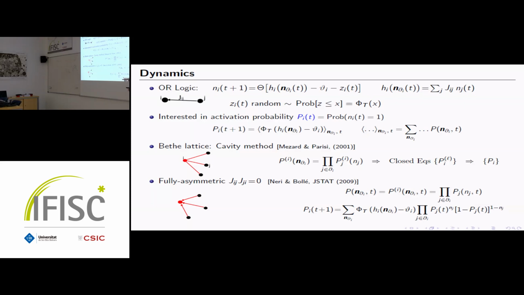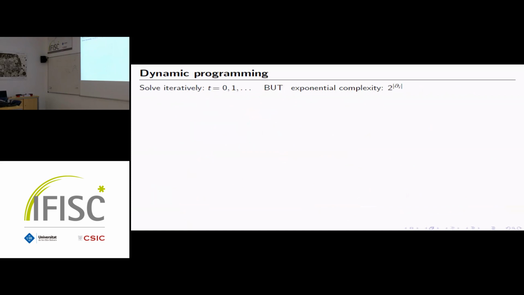Now, these steps can still be tricky because for each node I and for each time step t, we still need to average over all the configurations of the neighbors of I. Each neighbor can be in two states, 0 or 1, so the number of configurations of the neighbors is 2 to the power of the neighborhood size of I. So there is still an exponential complexity in the degree of node I, and in power law networks this is a real bottleneck, since you have nodes with lots of neighbors.